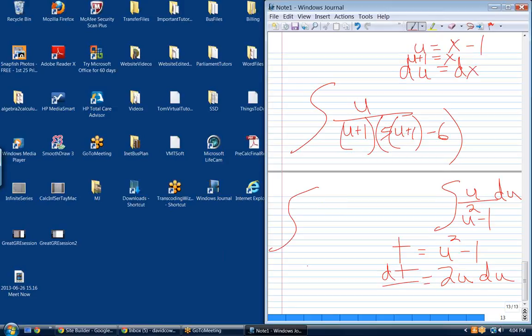So now I have the integral of u over t, and I need to substitute for du, which is dt over 2u. Because the derivative of the inside was u, it gets rid of that, and now I merely have a function of t that I can integrate.